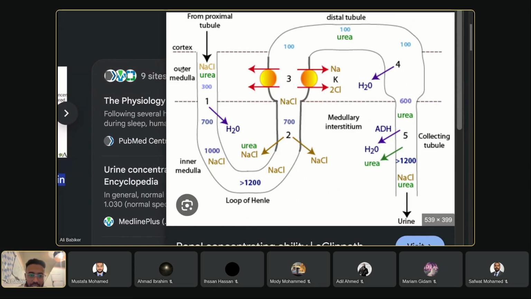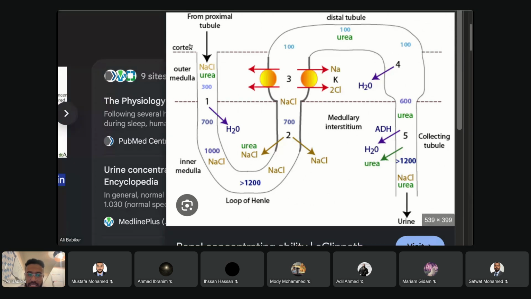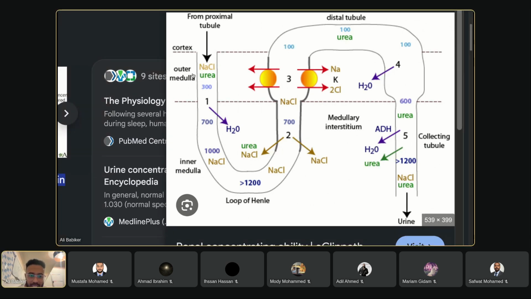Here is the cortex. Do you see? Here is the outer medulla and here is the inner medulla. These are the layers of the kidney. When we come to the endocrine, I will tell you in detail about the cortex and the medulla.